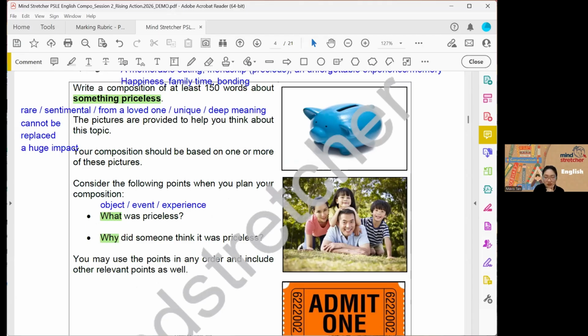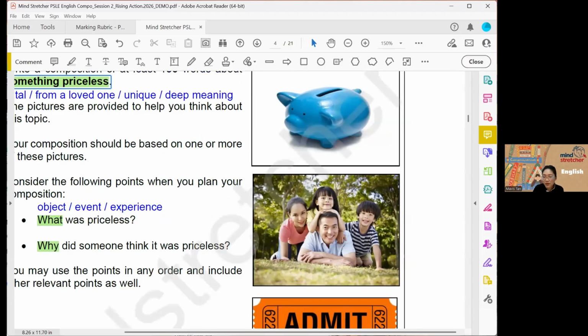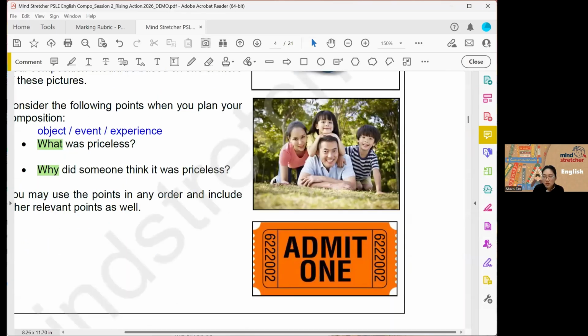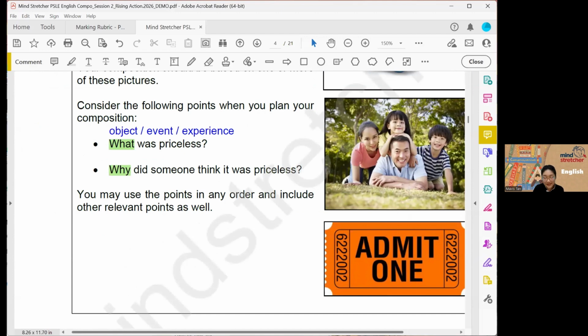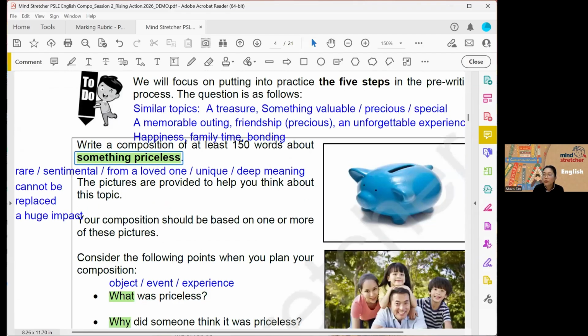Not sure. Okay. So I would say if we think about something priceless, and we are given three pictures, we go for the most, this is just being strategic in the exams. If you're writing for the exams, go for something that is very easily linked to something priceless.